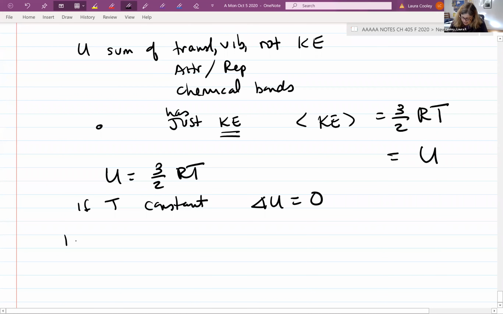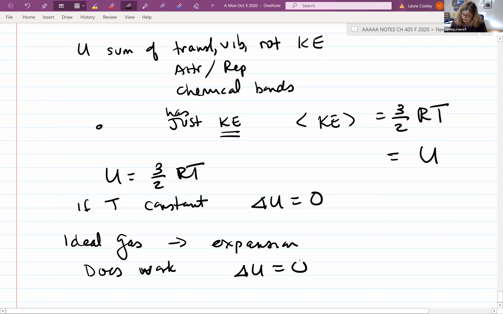So if you have an ideal gas and it undergoes an expansion and does work, but its delta U is equal to 0, because it's an isothermal expansion.